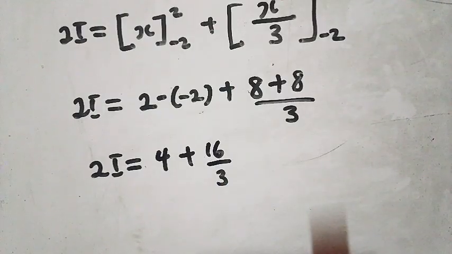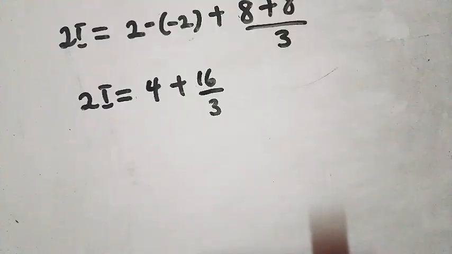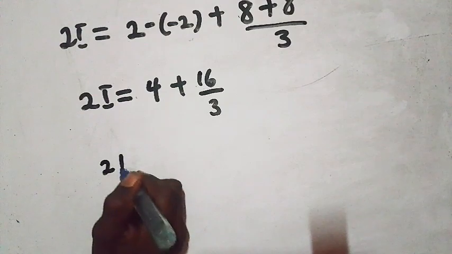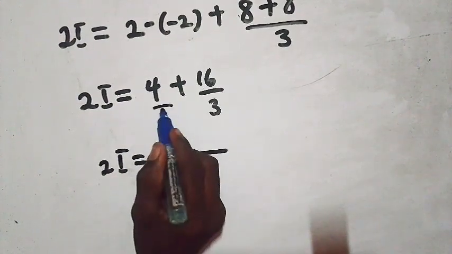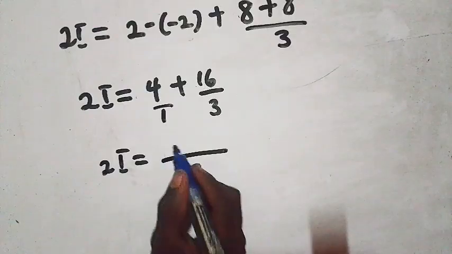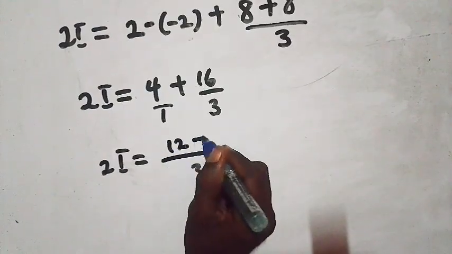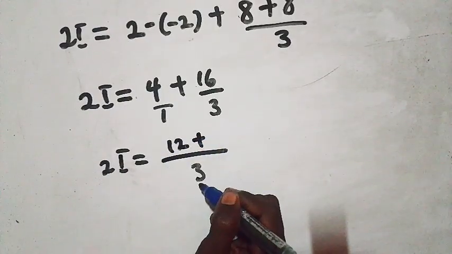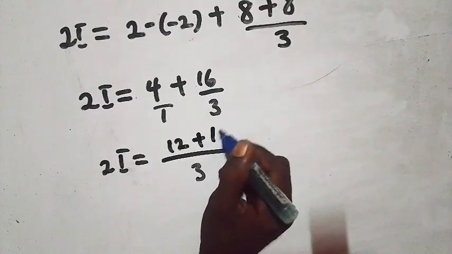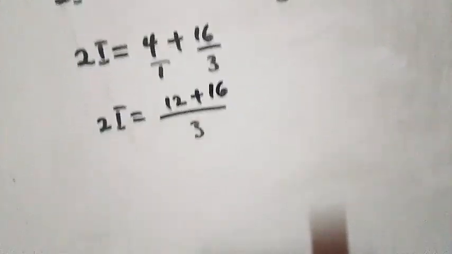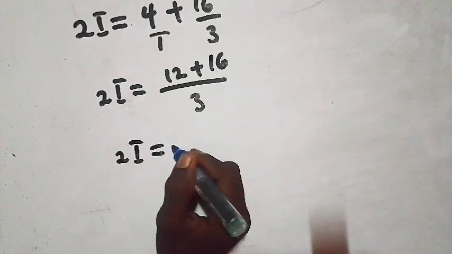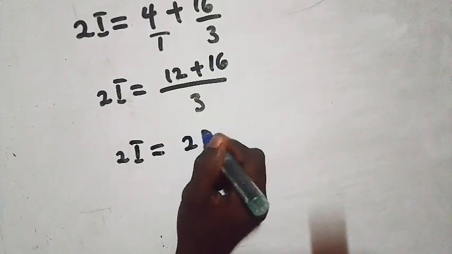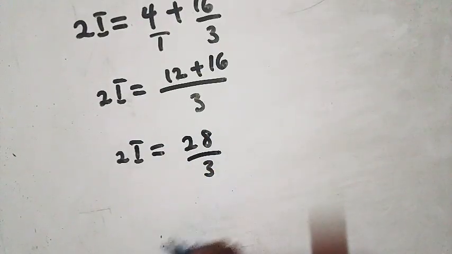By taking out the LCM, which is 3, 2I will be equal to, over 3, 3 times 4, that is 12, plus 1 times 16, that is 16. 2I will be equal to 12 plus 16, that is 28 over 3.